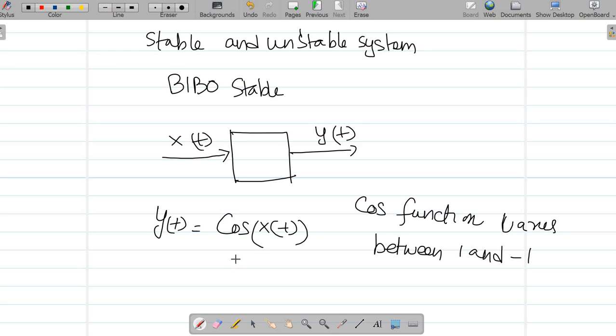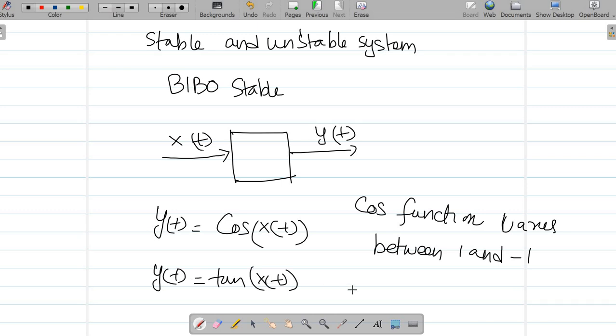Otherwise, if a bounded input provides an unbounded output, then such a system is known as an unstable system. To give an illustration, let us take y of t is equal to tan of x of t.